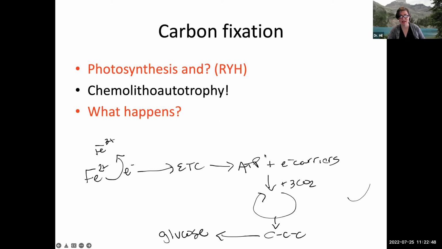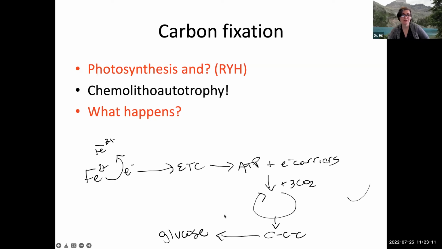And the electron is then captured by an electron carrier. So then we have some ATP, we have some energized electrons, and we have some CO2 in the area, and we jam it all together in a series of biochemical reactions to create this 3-carbon organic compound that's then 2 of these are smushed together to make glucose.